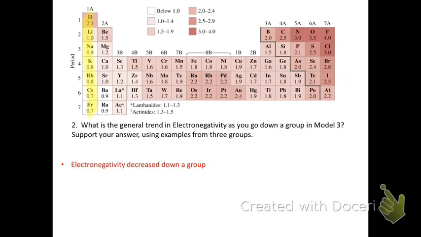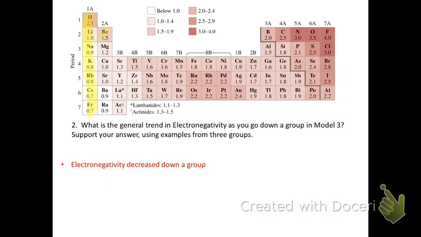What's happening to the electronegativity value? Well, if you look closely, you can see that hydrogen is 2.1, lithium is 1.0, sodium is 0.9, and so forth, and it looks like it's decreasing. So, according to group 1, electronegativity decreases as we go down.